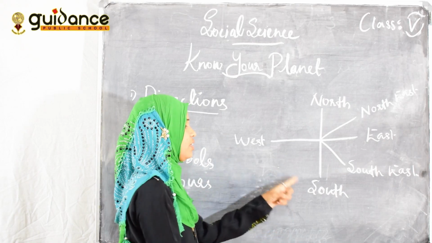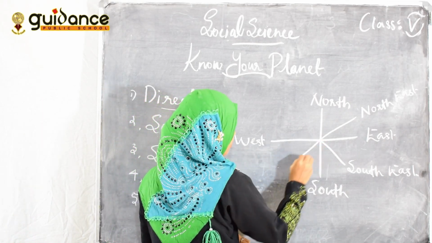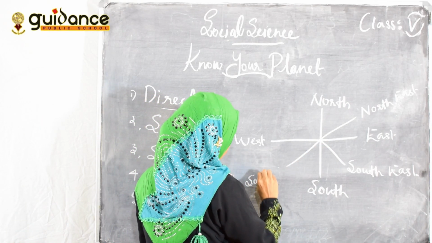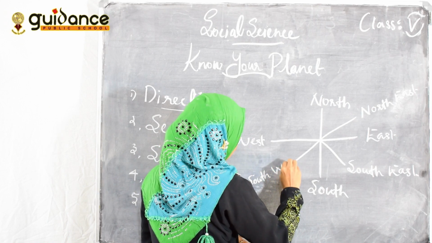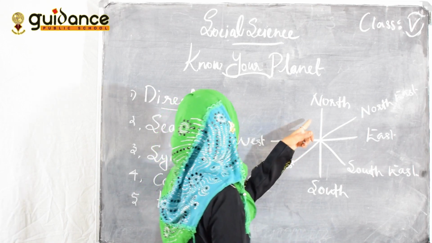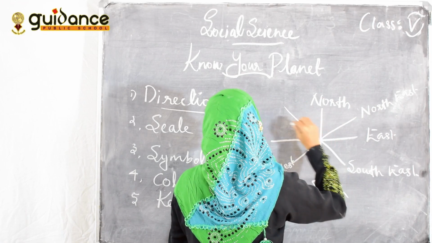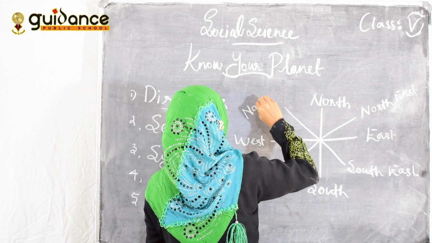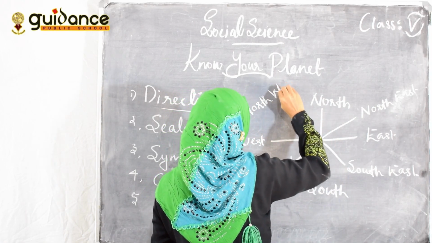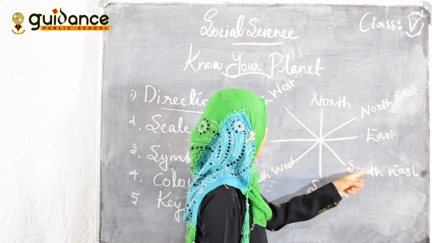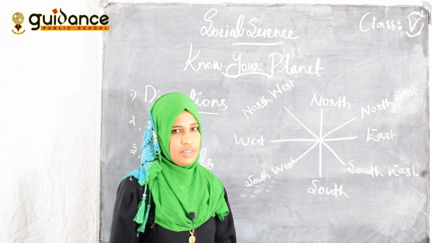Southwest, direction between south and west. Northwest, direction between north and west. These are the four intermediate directions.